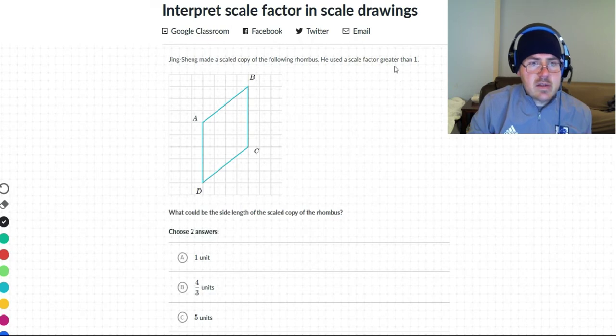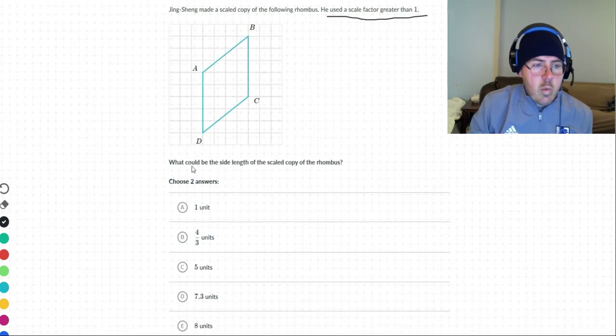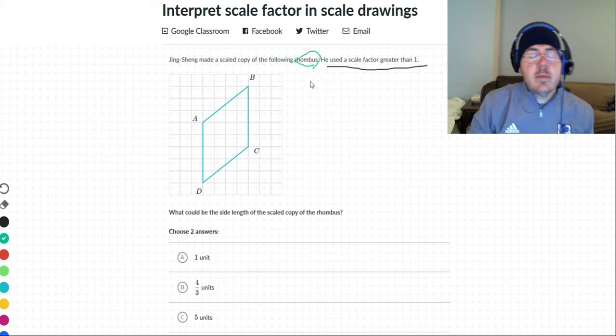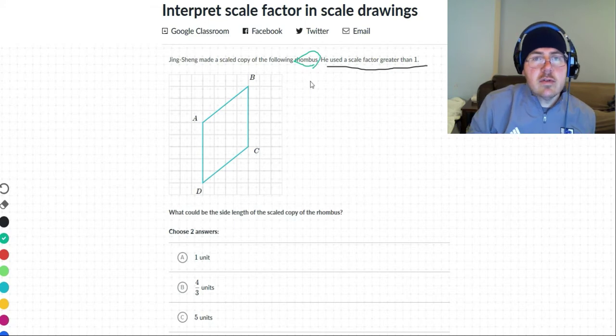This one says he used a scale factor greater than 1. Jing Shang made a scaled copy of the following rhombus. What could be the side length of the copy? First of all, sidebar: a rhombus would include squares. Rhombuses are 4-sided polygons, and every side is the same length.